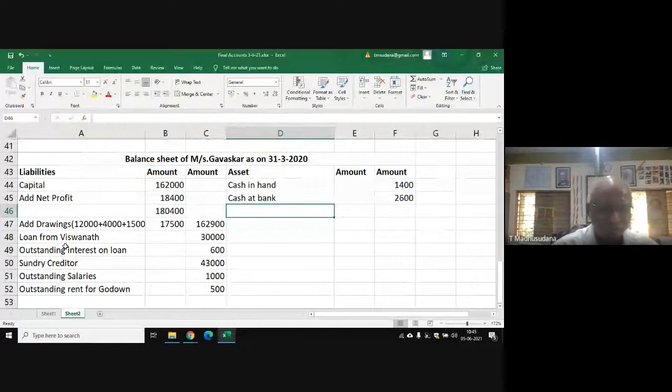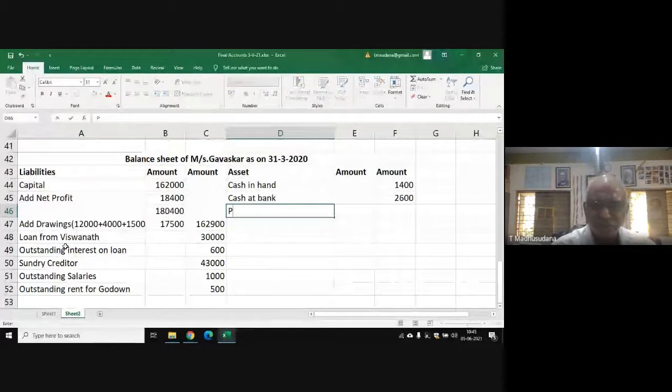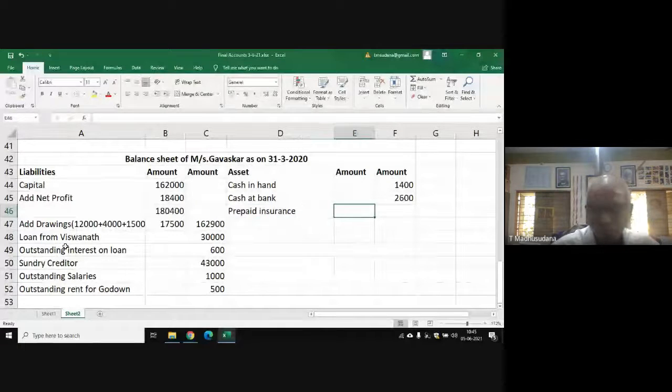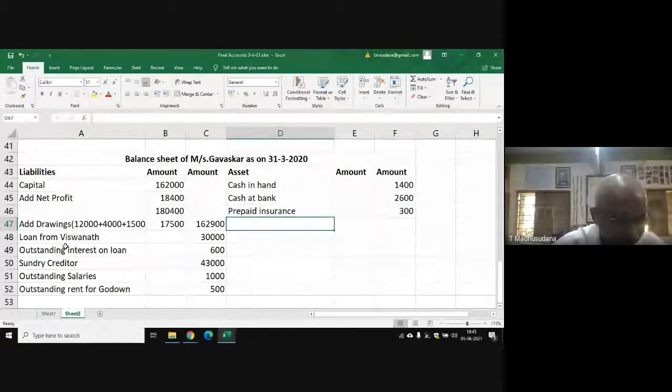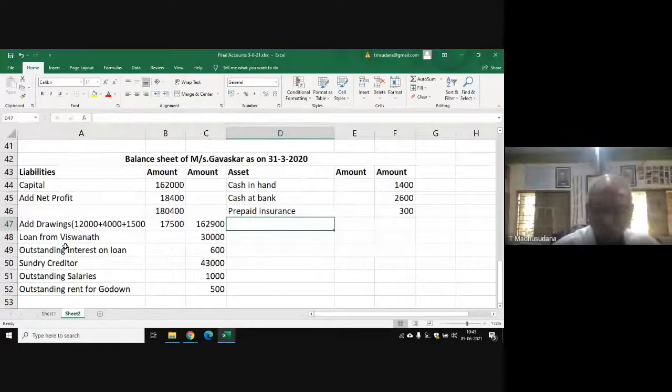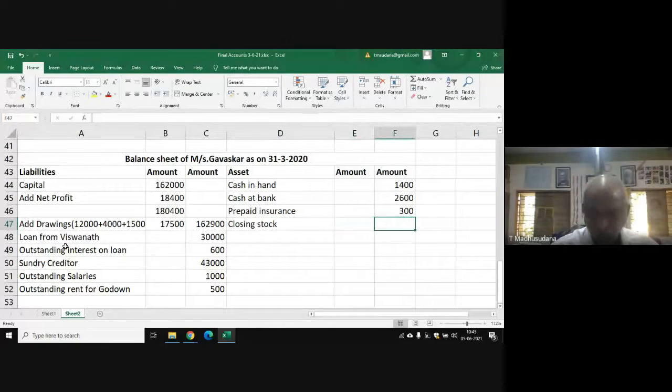Prepaid insurance is also an asset. Prepaid means paid in advance. That is 300. Next, closing stock, 44,000, outer column.